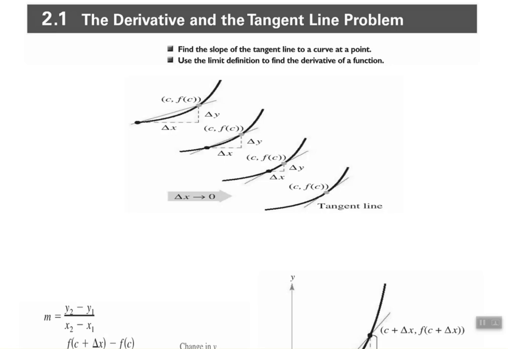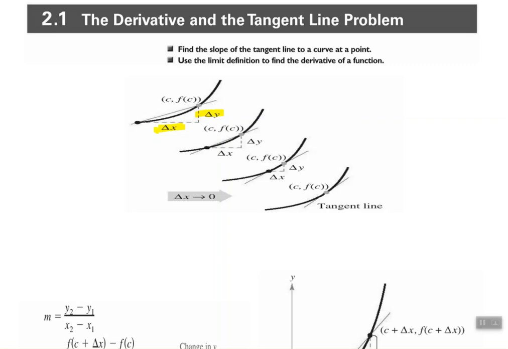All right, so here you see that we have a secant line drawn through a curve and it touches that curve 2 times. And we have the change in x and change in y. So you know the slope of that line will be the change in y over the change in x. As that change in x gets smaller and smaller and smaller, this line gets closer and closer and closer to being a tangent line.